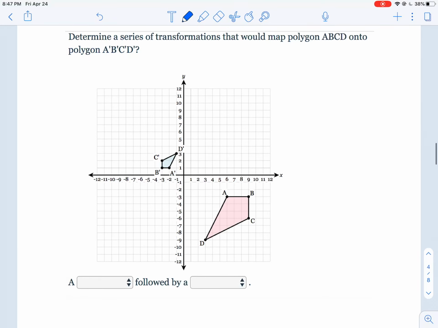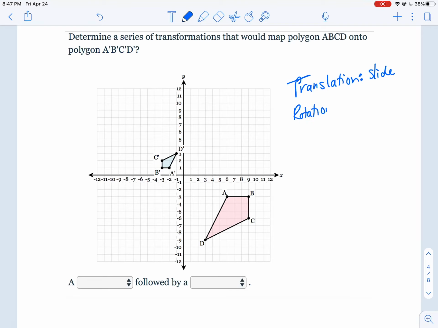All right. The third set of questions says determine a series of transformations that would map polygon ABCD onto polygon A prime, B prime, C prime, and D prime. Okay, now remember we have those four different types of transformations. A translation, which is just a slide.